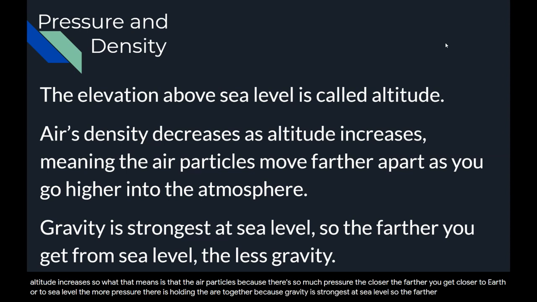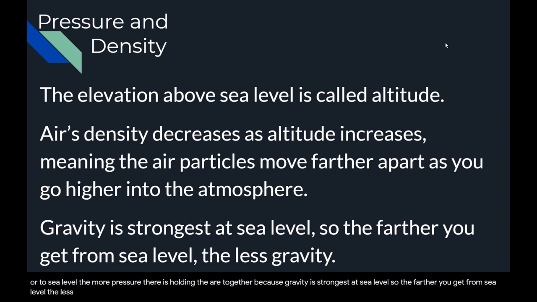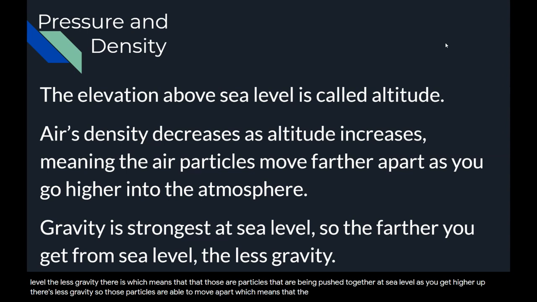So the farther you get from sea level, the less gravity there is, which means that those air particles that are being pushed together at sea level are able to move apart as you get higher up, which means that the density decreases.